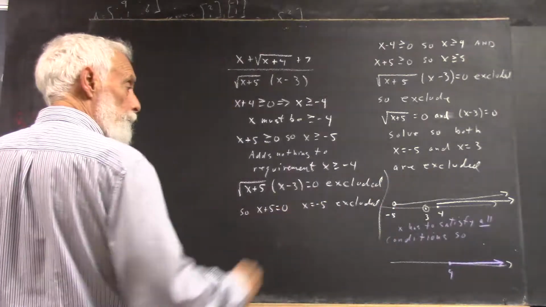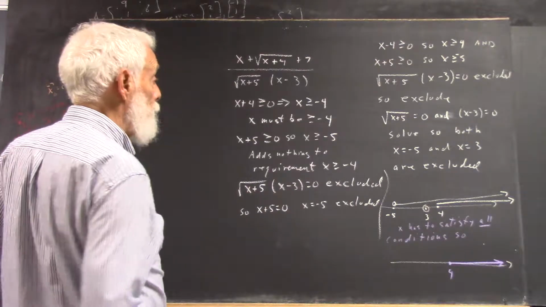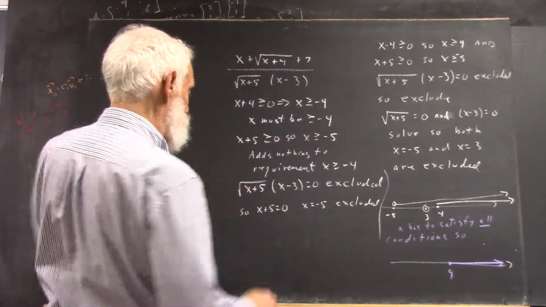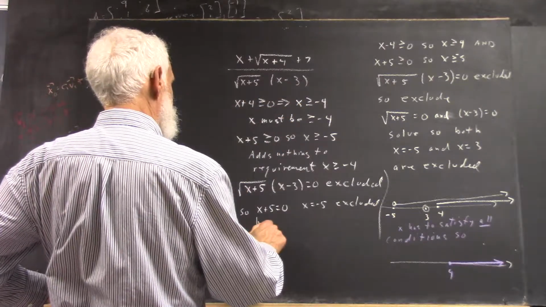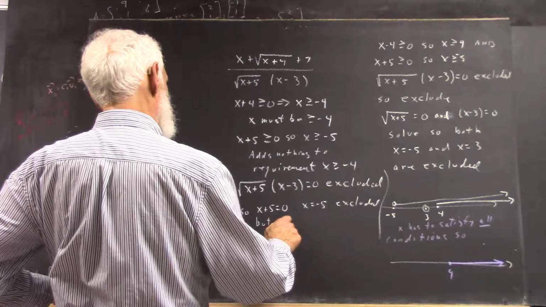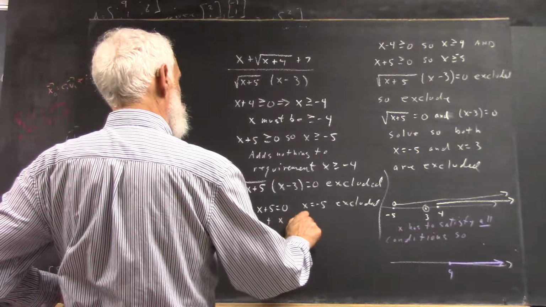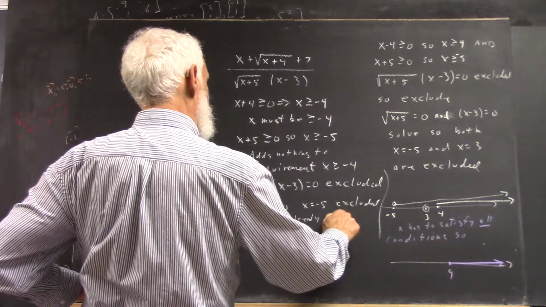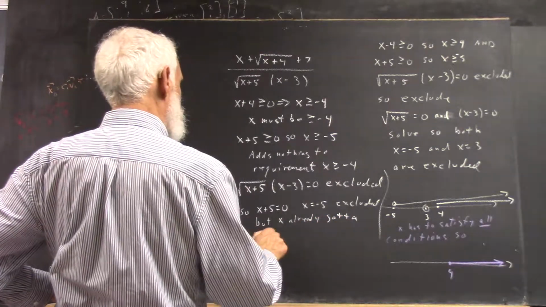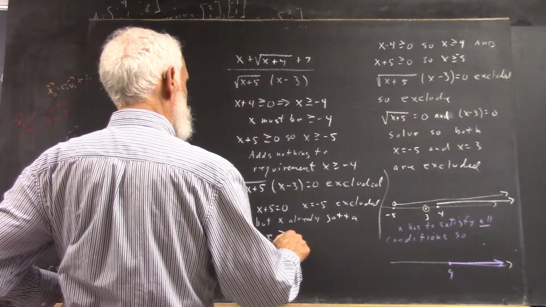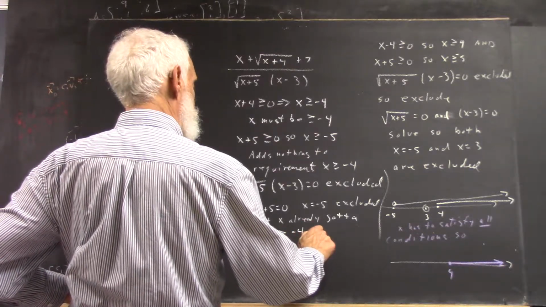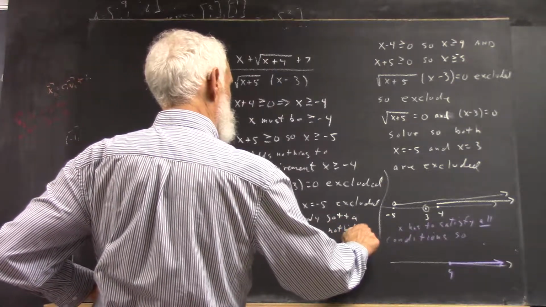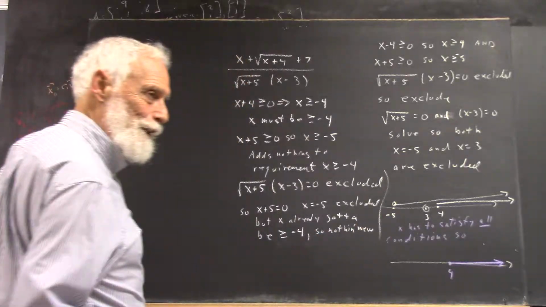So x equals negative 5 has to be excluded, but that's nothing new because x has to be greater than or equal to negative 4, right? x already got to be greater than or equal to negative 4. So I'll say this is nothing new.